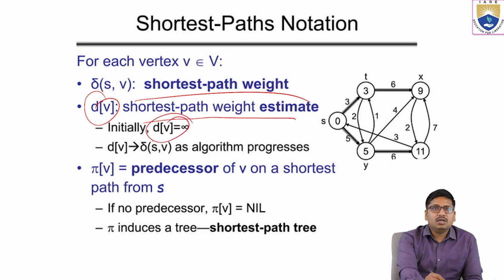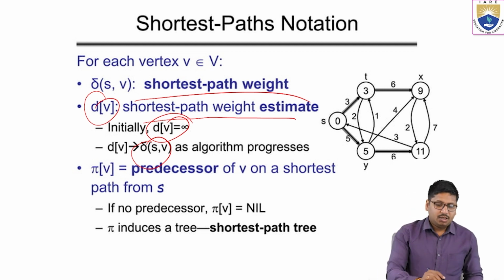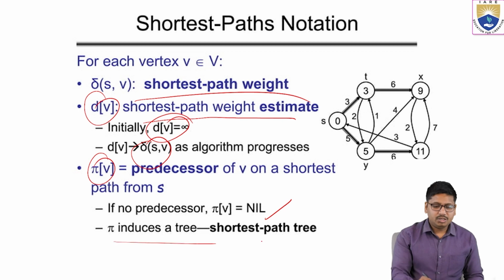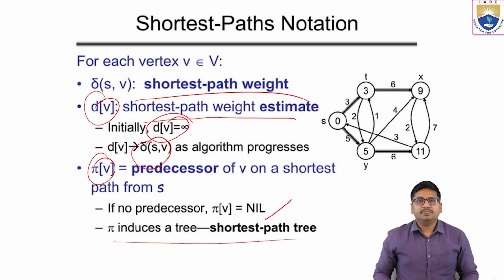Whenever the algorithm is done, we get δ(S, V), the shortest path weight. And π[V] is the predecessor of V on the shortest path. If there is no predecessor, then π[V] is null. Then π is the shortest path tree.